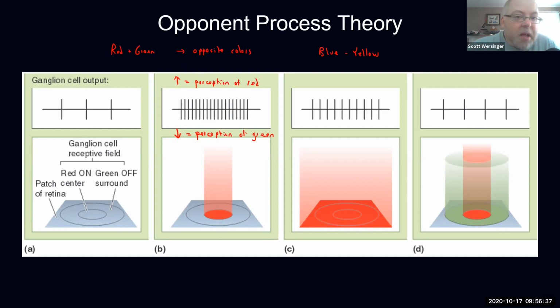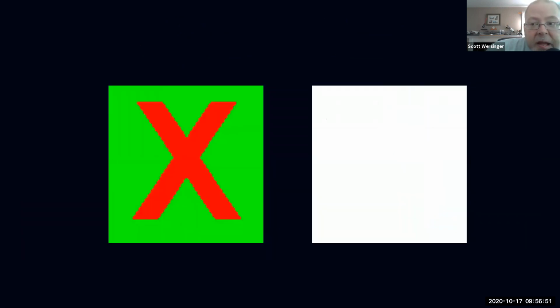That's the basic concept showing you this one cell. There are other types of cells too, like I said, blue, yellow, that are going to help you understand.